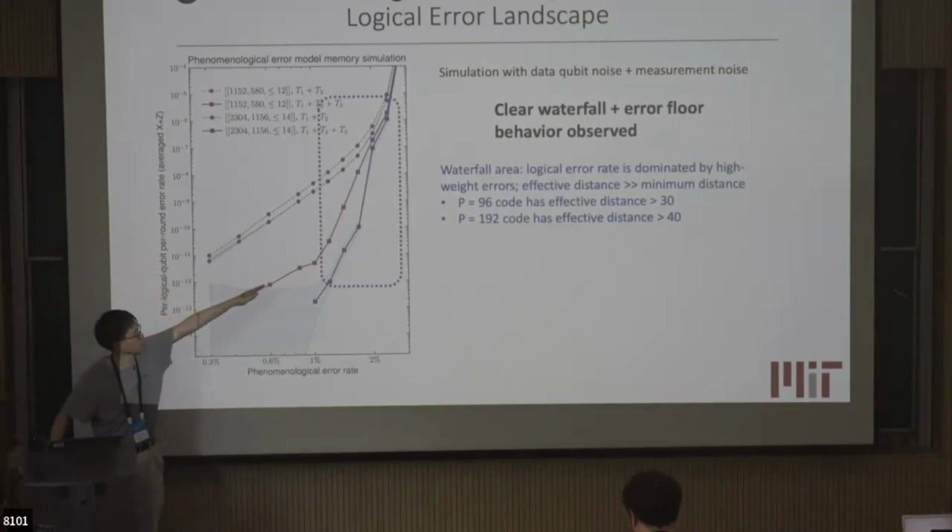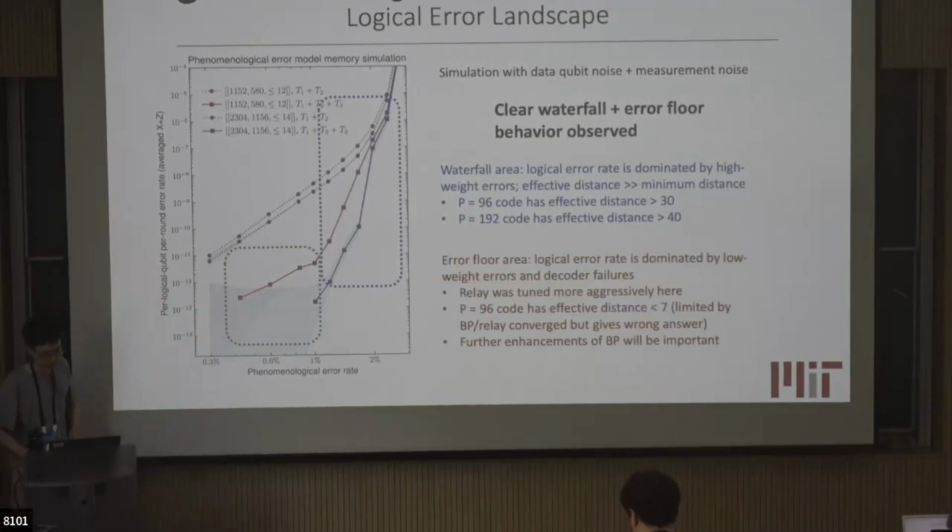And so the floor, this lower slope that you see here, is actually dominated by the first two tier failures, mostly I think the relay tier failure. In the waterfall area, you see that the error suppression is a lot faster than the distance would suggest.